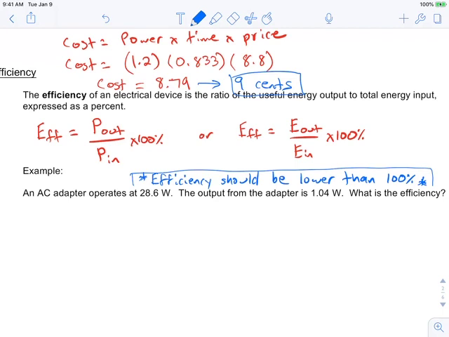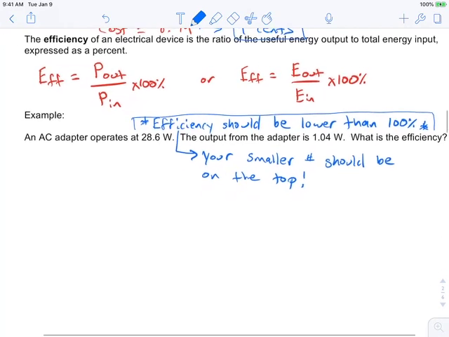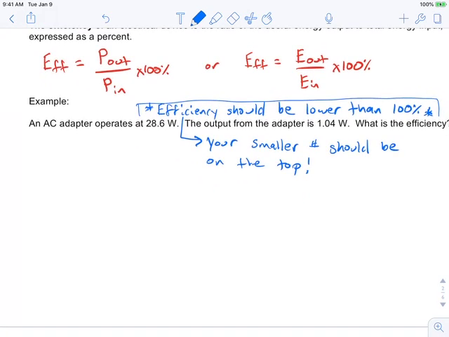Okay, efficiency should be lower than 100%. Additional tip: your smaller number should be on the top. Using that, we should have no problems doing this.